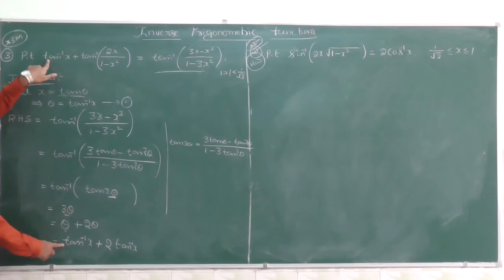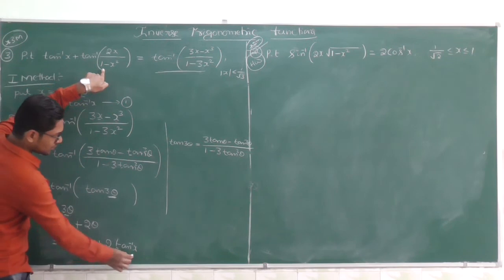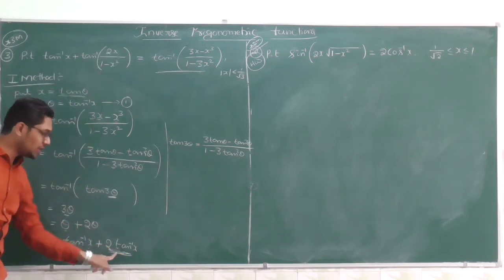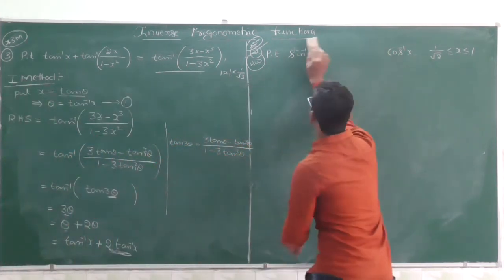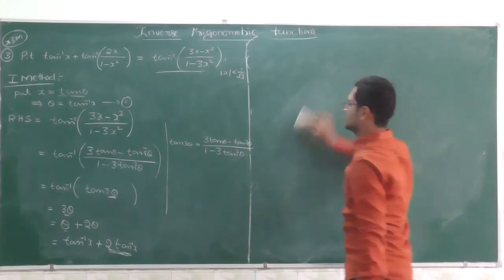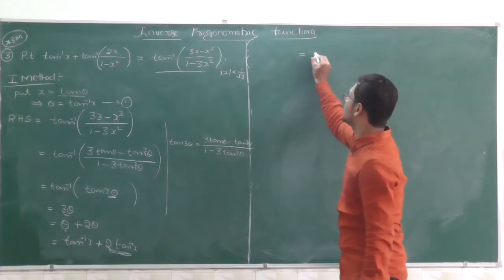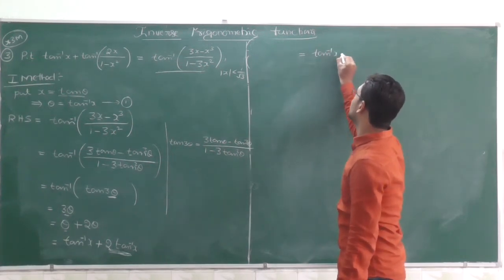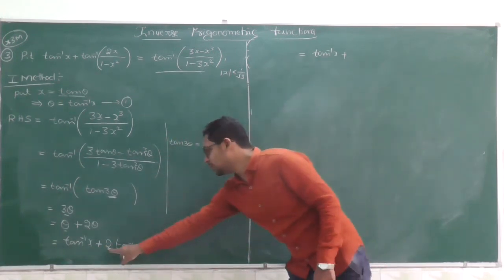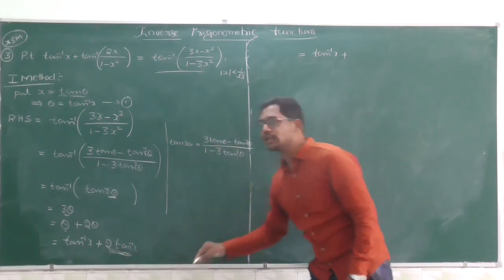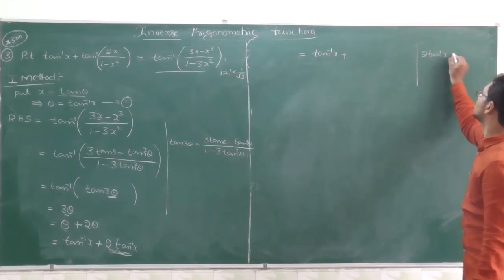See the LHS: tan inverse x plus tan inverse of 2x by 1 minus x square. But here we have 2 tan inverse x, so we will use the property.